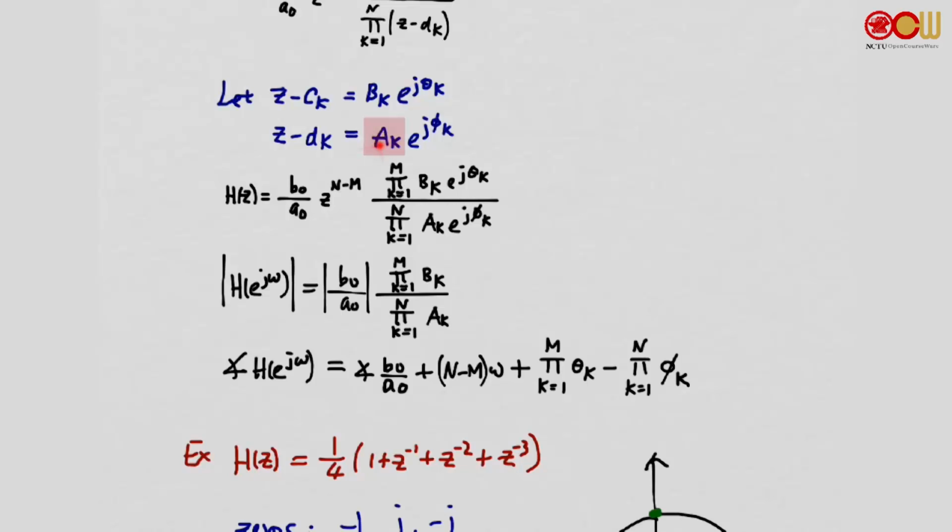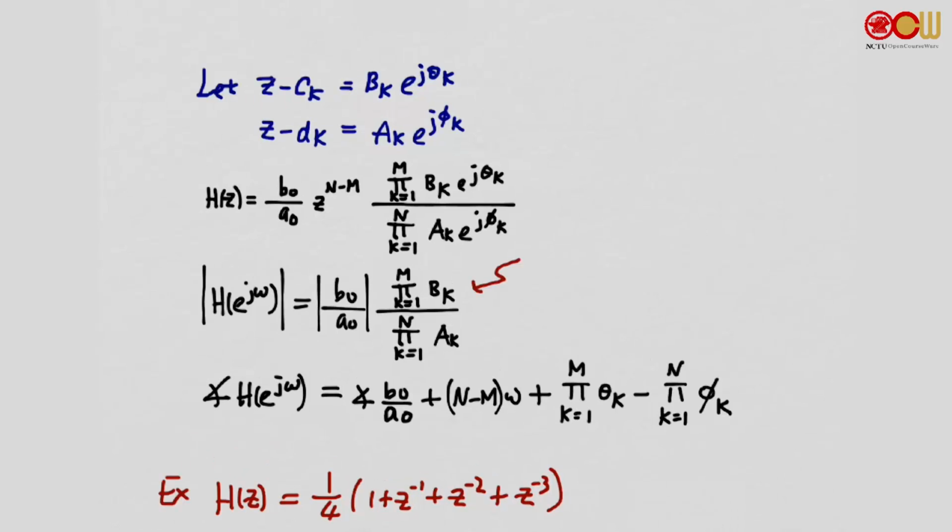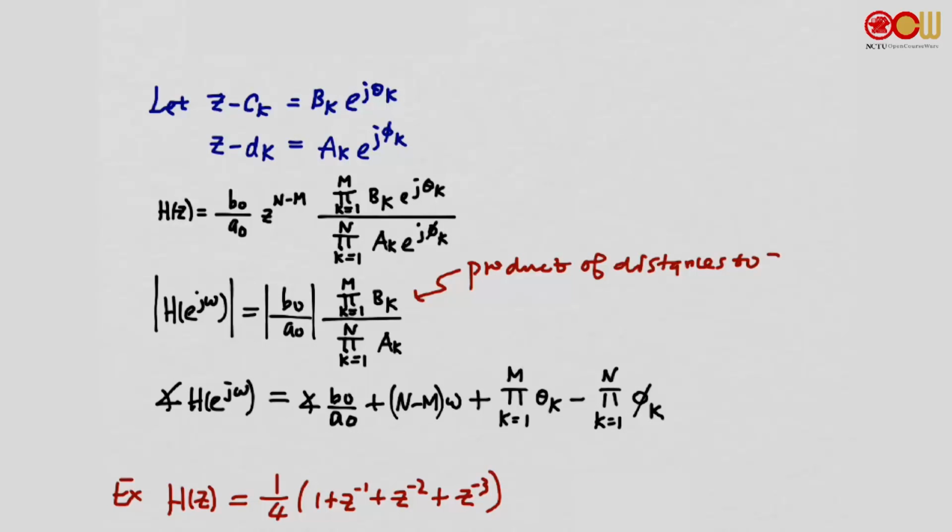And a_k, what is a_k? a_k is actually the distance between z and the pole. b_k is the distance between z and the zero. So in the numerator here we have the product of distances to zeros, and at the bottom we have the product of distances to poles.